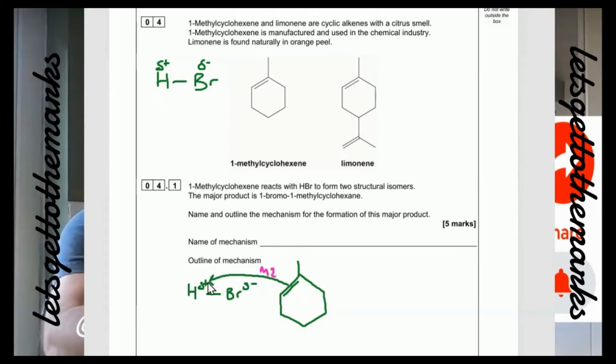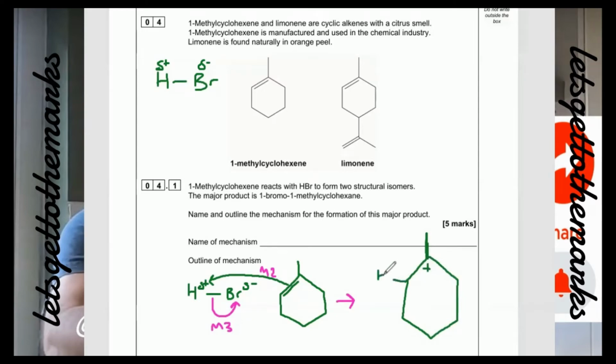And we're going to call this M2 because M1 is the mark for the name of the mechanism. So what's the second mark? Well, hydrogen's basically a group 1 element. It can only have one bond at a time. So it can't have two bonds. So I need to break the hydrogen bond to the bromine if it's to form a bond with the cyclohexene. So that's our second mark here, which I've written M3 for.